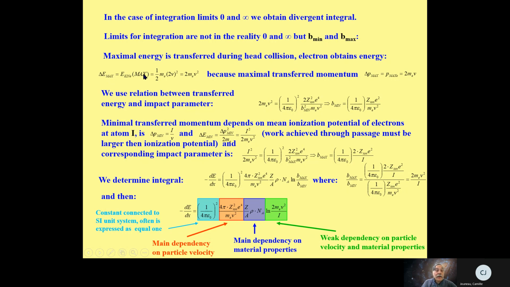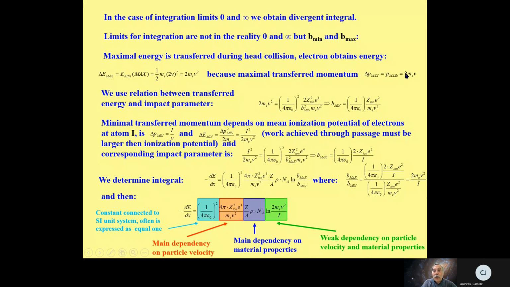Again, we use p squared divided by 2 times mass.